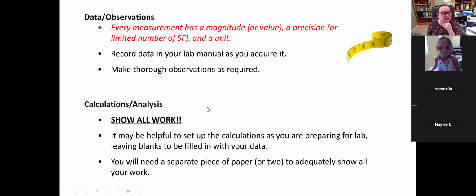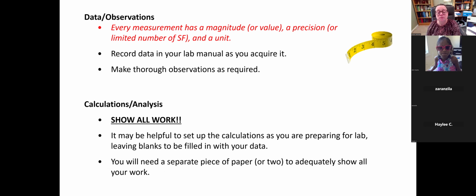Then there'll be a place on your lab report where it will ask you questions, and usually there's a space right there for you to show all your work, how you did that calculation, or a space for you to write your explanation. Sometimes you can set those up ahead of time. That might make things faster. Sometimes you need a separate piece of paper if you write really big.